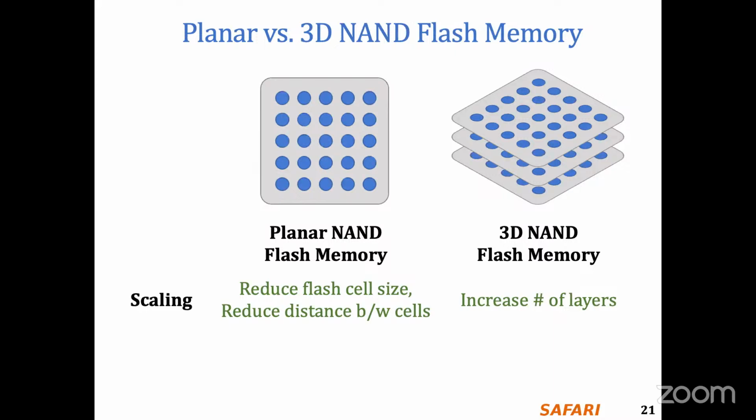At some point, the industry also moved to 3D NAND flash memory, which can provide higher capacity by adding layers. Because of that, they are relieved of using very small cells, and they actually use larger cells in 3D NAND flash memory, so they can reduce the number of errors. But this is also a scalability issue.